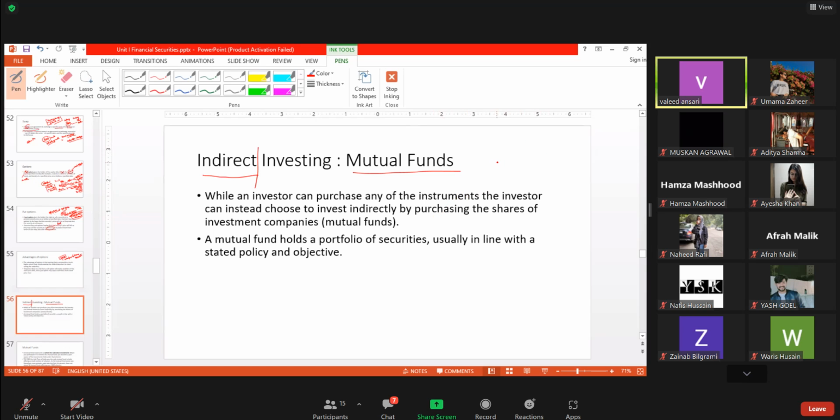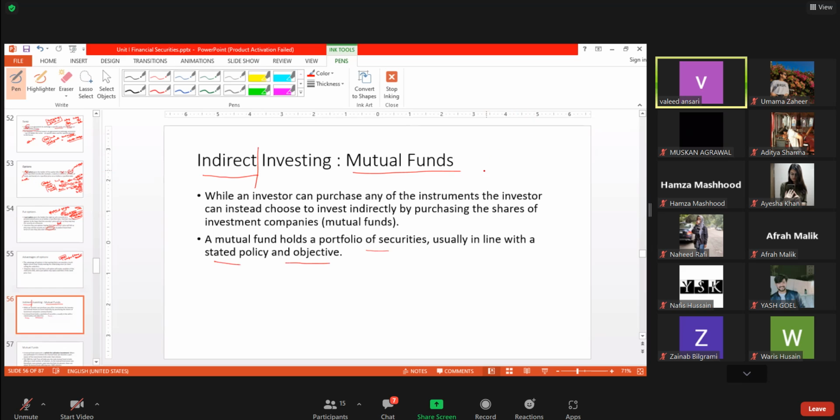Now, mutual funds. In the US, the maximum amount of investment is done via mutual funds. Direct investment is not carried out by retail investors. As I have explained to you, a mutual fund holds a portfolio of securities in line with its stated policy and objective.